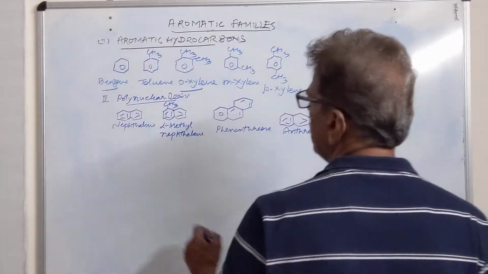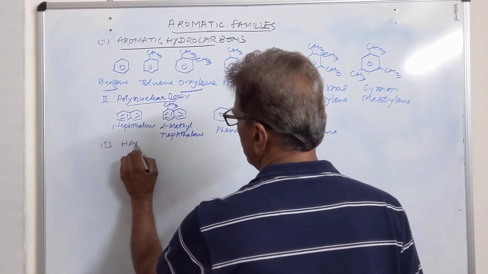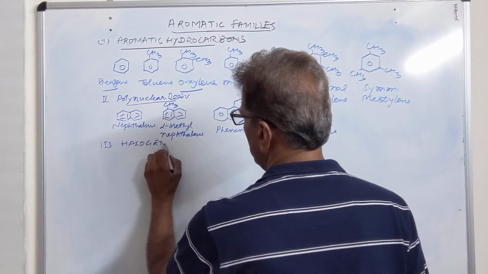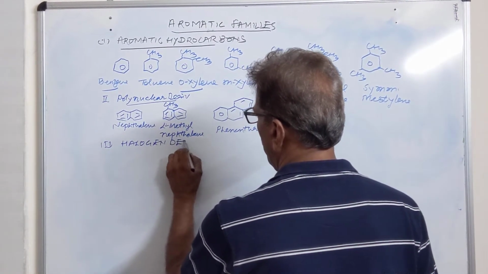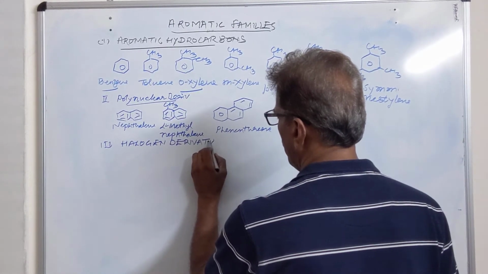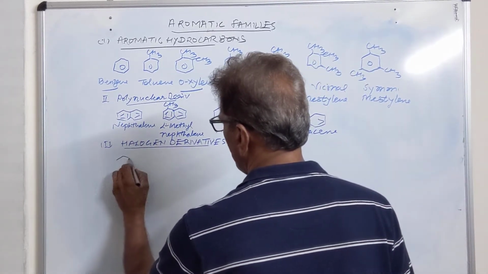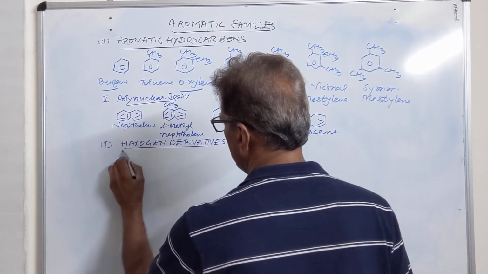Then we have families, aliphatic families. Number 3, halogen derivatives. Monohalogen derivatives.